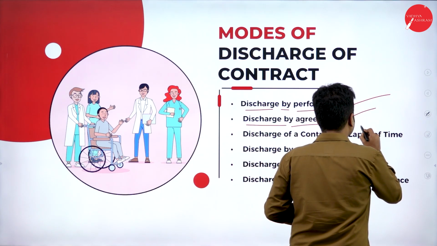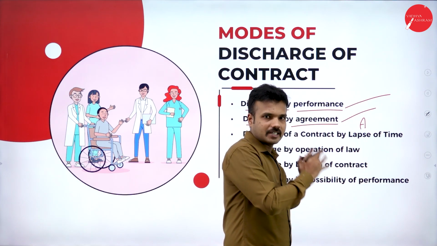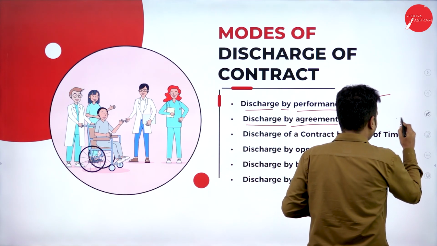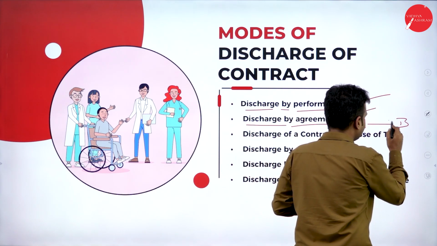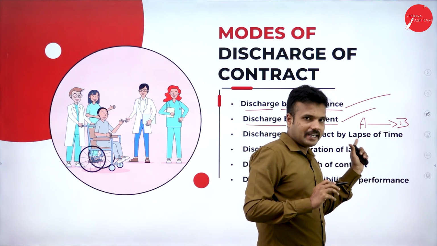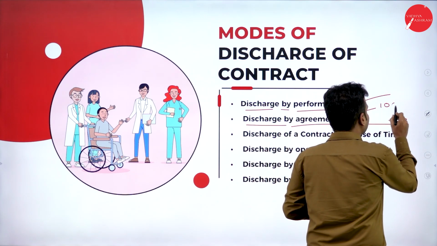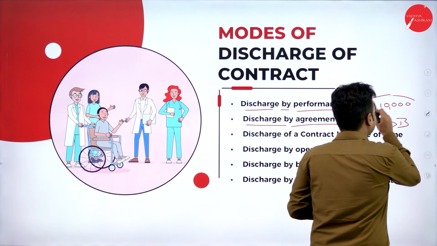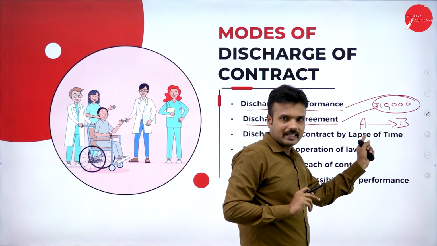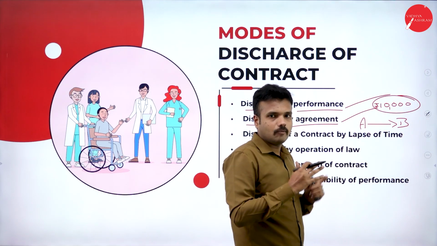Mr. A is the owner of a flat, and Mr. B is a tenant to Mr. A. Mr. B has to pay 10,000 rupees every month as rent to Mr. A. So what happens?